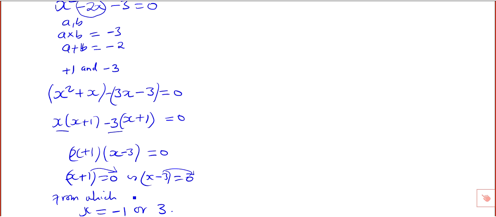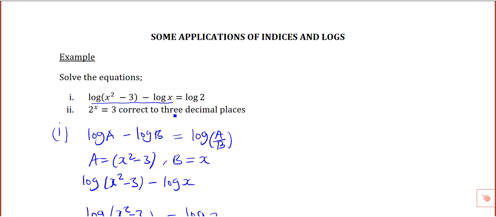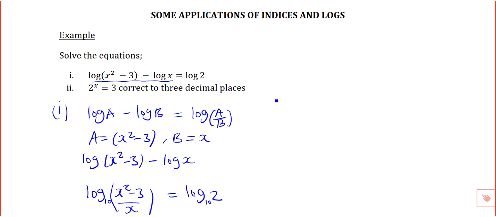So we have solved that equation. We have found the value of x. Now part 2 of the question says solve the equation 2 power x is equal to 3.